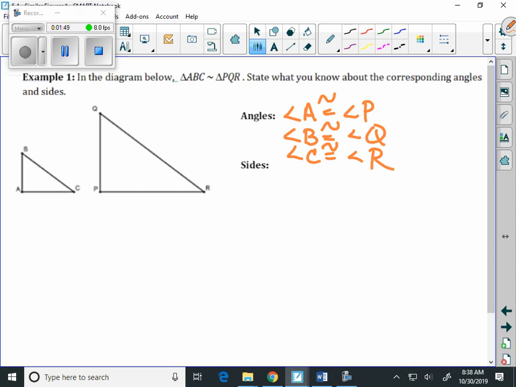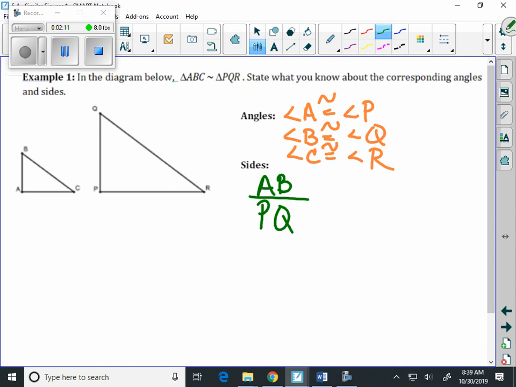But in terms of the sides here, how do we write that something is proportional? Well, it's still really important with regard to the order. When we look at this, we can say AB is proportional to PQ.